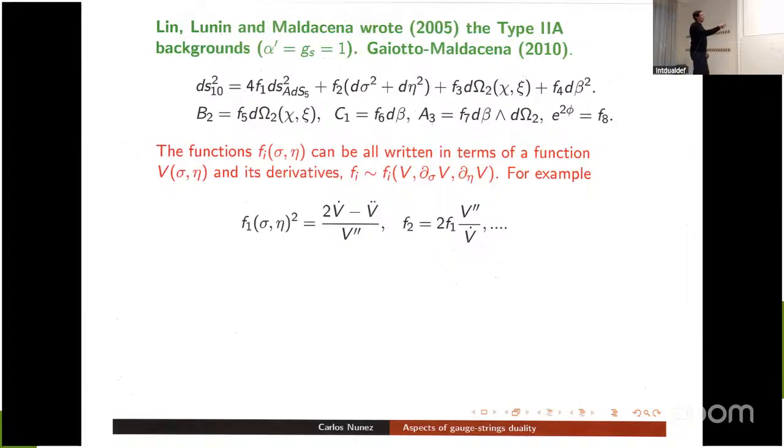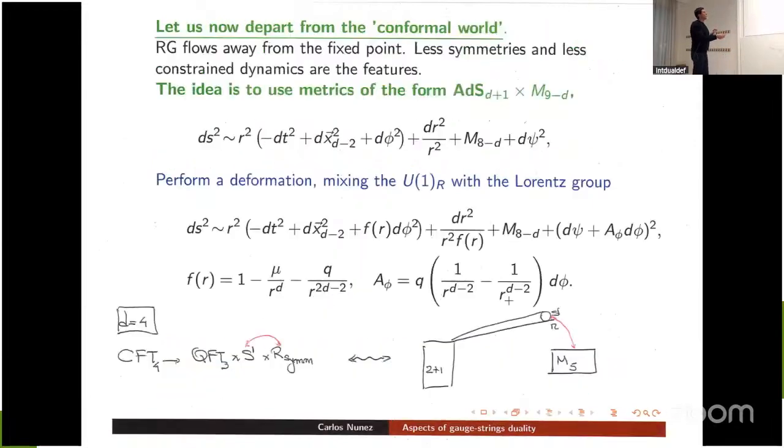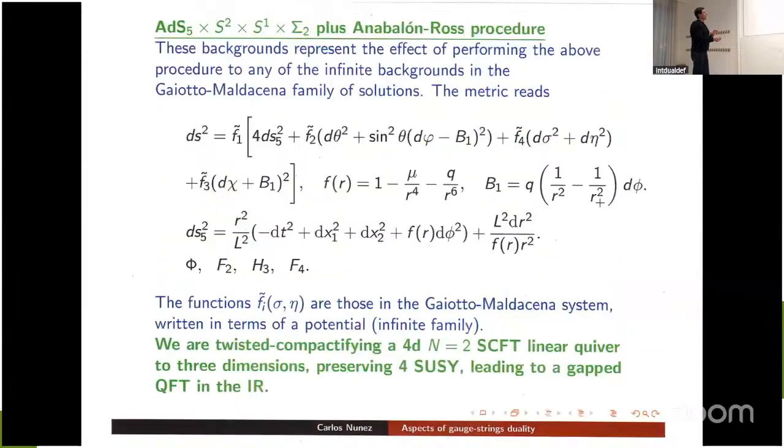It contains an AdS5, a two-sphere, and a circle, and some Ramond and Neveu-Schwarz fields. So here the deformation will do the following. Instead of the AdS5, there's going to be a five-dimensional metric written here. If the function f is 1, this is the AdS5, but the function f is not 1, it is given there.